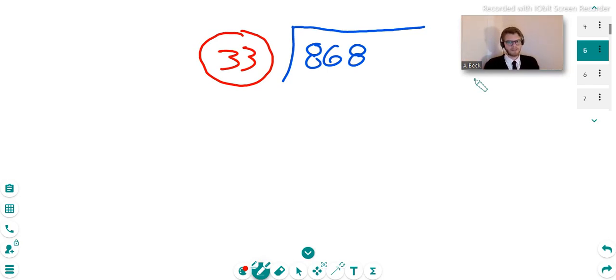So I can have as many sacks as I want. I could have 5 sacks, but they all contain 33 marbles, so I would have to do 5 times 33, and that's how many marbles I have in total, and then maybe that equals 868. If 5 times 33 is 868, it goes in perfectly, it fits perfectly in my container.